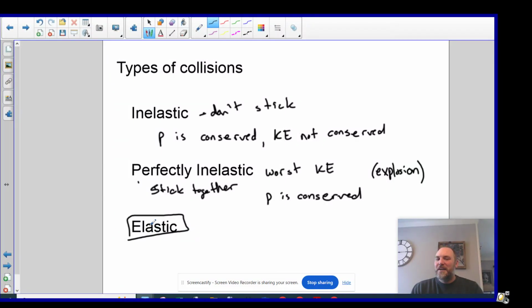This is kind of an ideal scenario. It's not very realistic. I know a lot of textbooks like to use billiard balls. The cue ball hits the eight ball, and it's an elastic collision where both momentum and kinetic energy are conserved. But I challenge you to think about that billiard ball, right? If you closed your eyes, could you determine at what point the cue ball hit the eight ball?